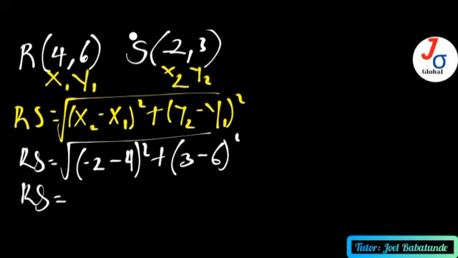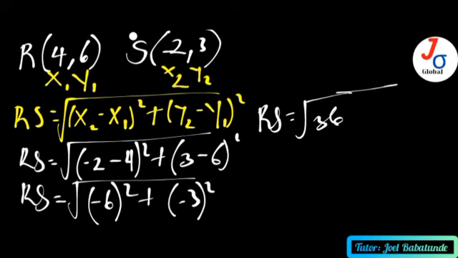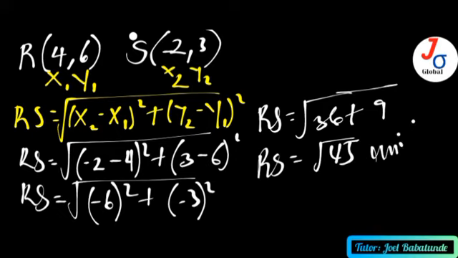Now RS becomes square root of minus 2 minus 4 is minus 6 squared plus 3 minus 6 is minus 3 squared. And that gives us RS becomes square root of 36 plus 9, because minus 3 squared is actually 9. So RS becomes square root of 45 units.